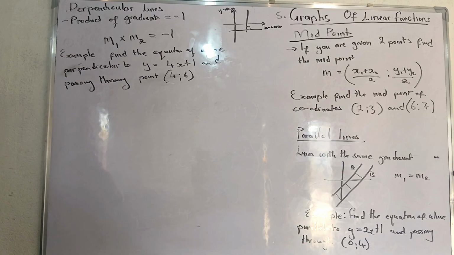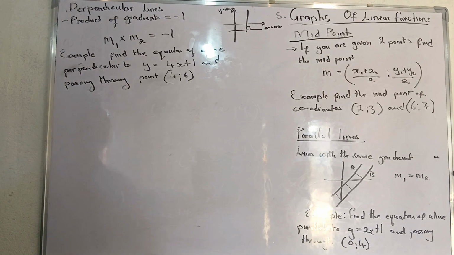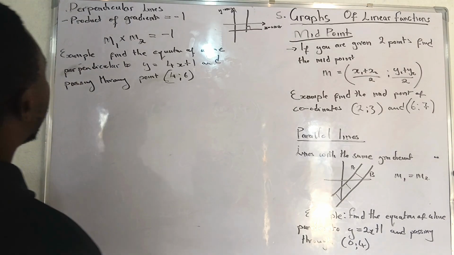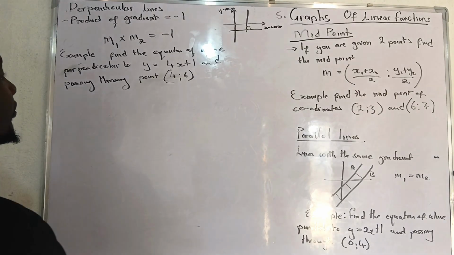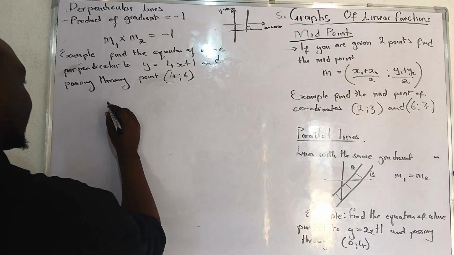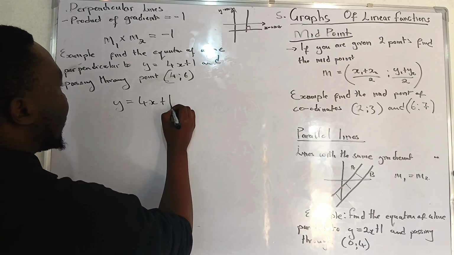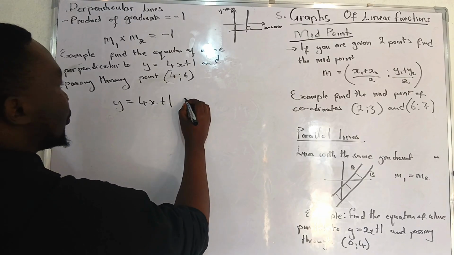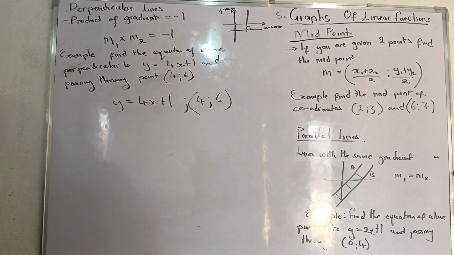Find the equation of a line perpendicular to y is equals to 4x plus 1 and passing through the point (4, 6).